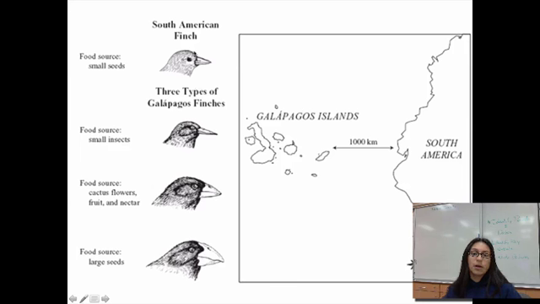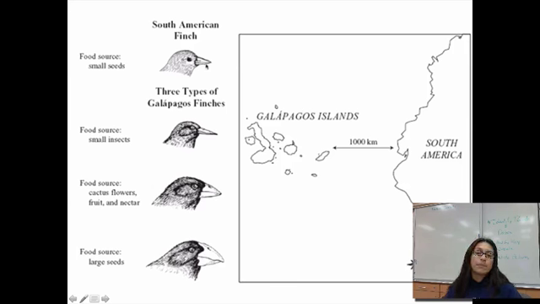So if this is their common ancestor, the South American finch, once these islands formed, it flew out and started populating these different islands. The birds with these beaks here are found on an island where the best source of food is small insects in holes.